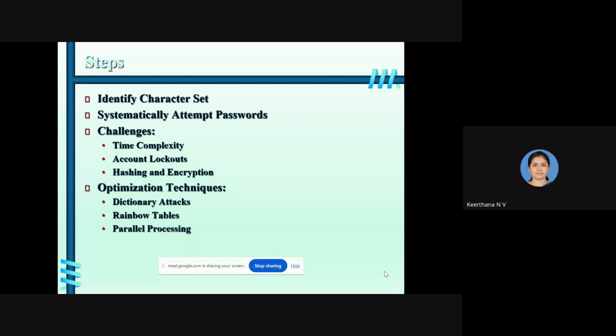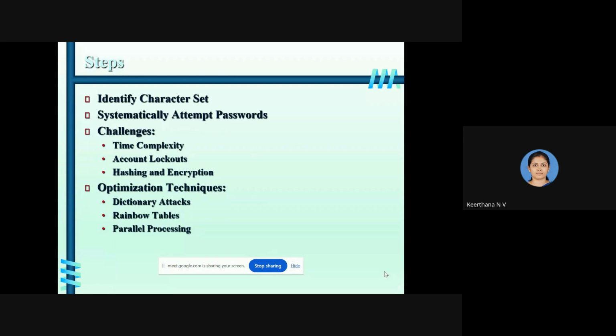Suppose your password is a combination of letters, numbers and symbols, it is a little more difficult for a hacker to find your password. So it becomes a more complex task for the hacker to find out the exact password.